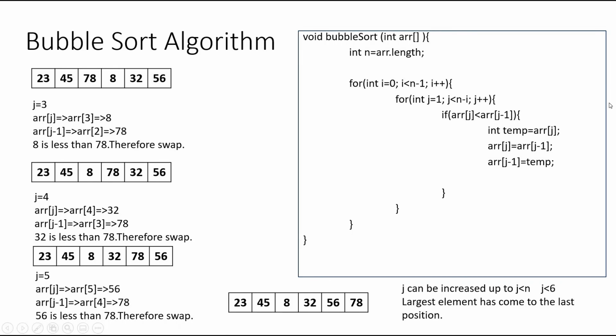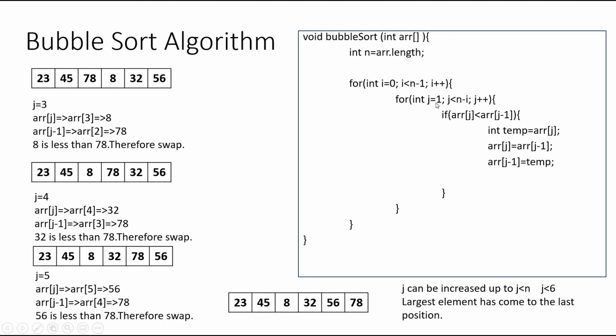Therefore we have to swap, because this if part is true, so this part will execute and swap the two adjacent elements, 56 and 78. The newly updated list is this: 56 was here earlier, 78 was here, and now they have been swapped.